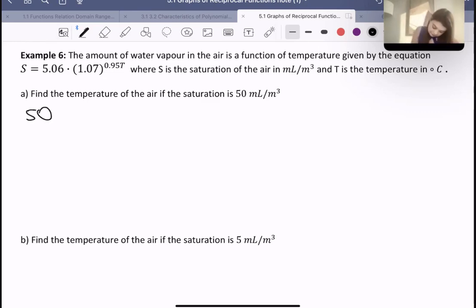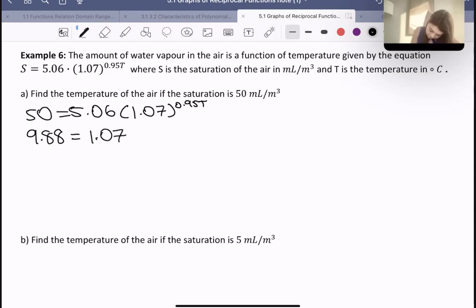That 50 equals 5.06 times 1.07 to the power of 0.95T. Like that. Okay, and then let's divide by 5.06. 9.88 is equal to 1.07 to the power of 0.95T. All right, and then we're going to log both sides. So we're going to say log 9.88 is equal to log 1.07 to the power of 0.95T.